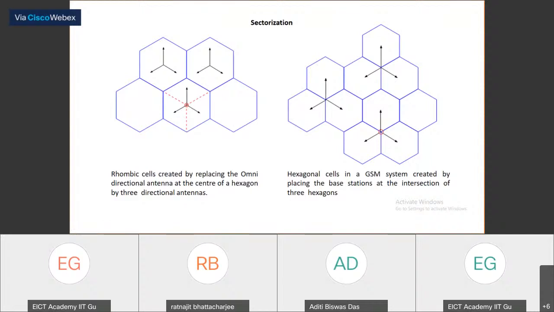Now let us continue with this structure, which is most popularly used, and try to find out what should be the beam width of the antenna that you will require, particularly in the horizontal plane, to give this type of coverage.